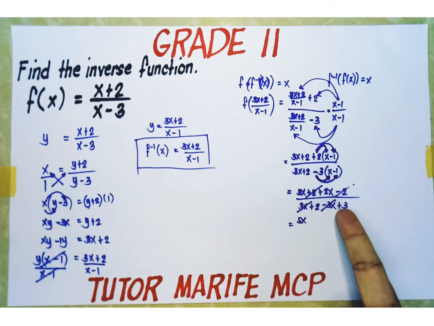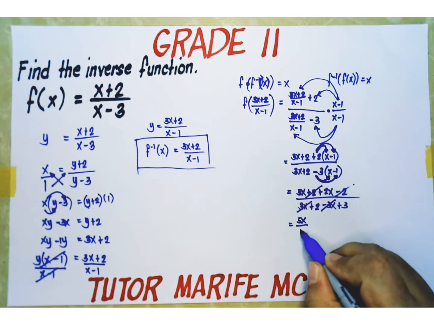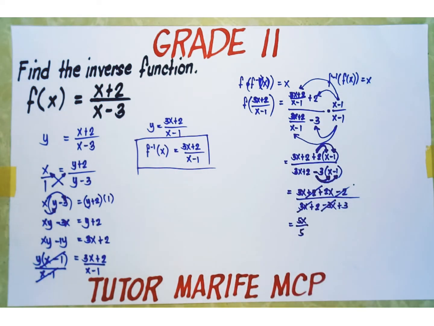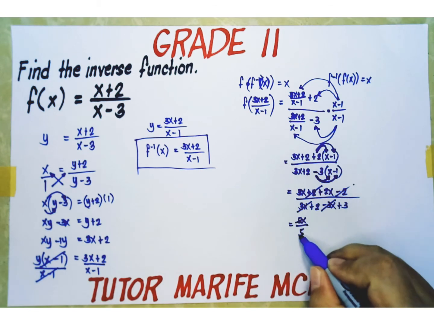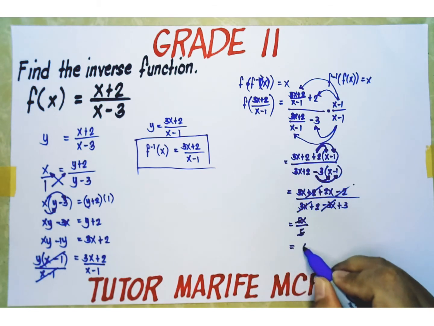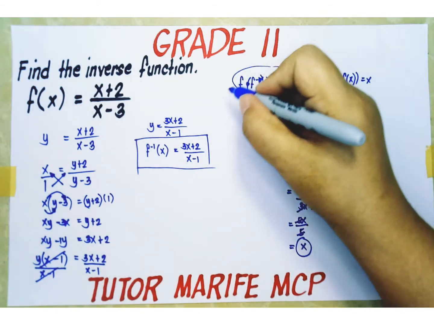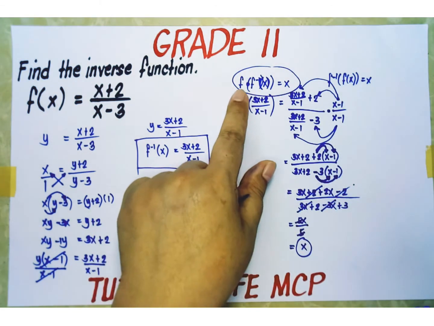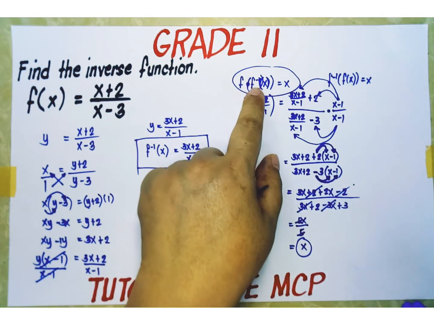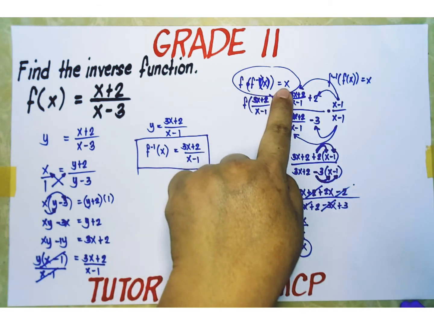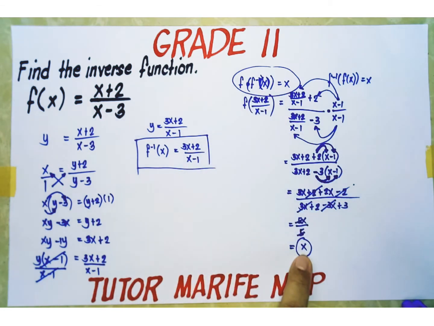So positive 2, positive 3, combine them, it's equal to 5. We reduce the result by 5, so our end result is x. So we have shown that f of f to negative 1 of x is equal to x.